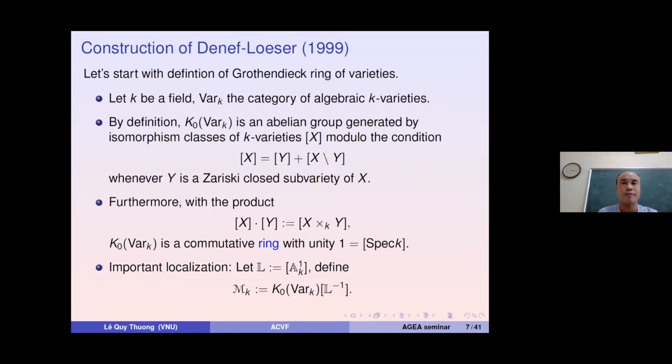So let me go to details on the construction of the motivic measure. We start with the definition of the Grothendieck ring of varieties. In the theories of Denef–Loeser, they use heavily the resolution of singularities, so the ground field is always of characteristic 0.